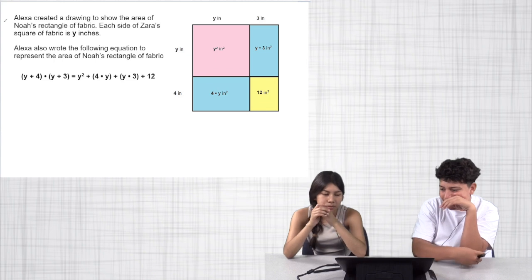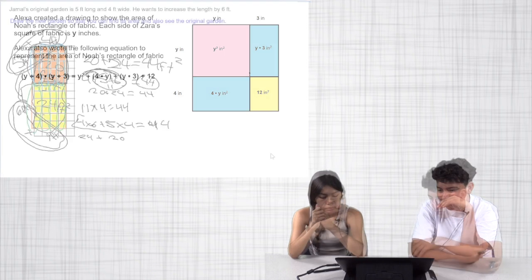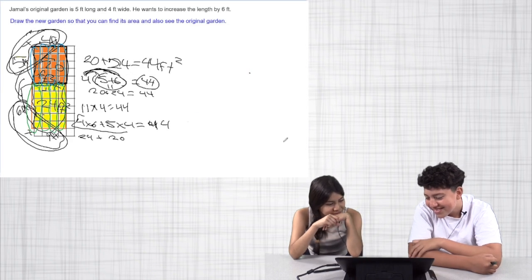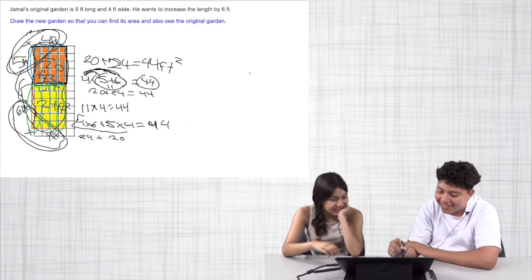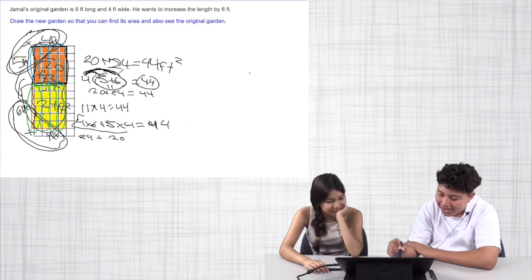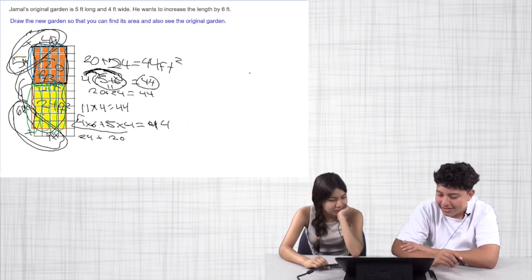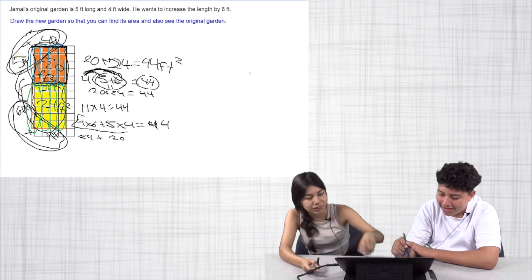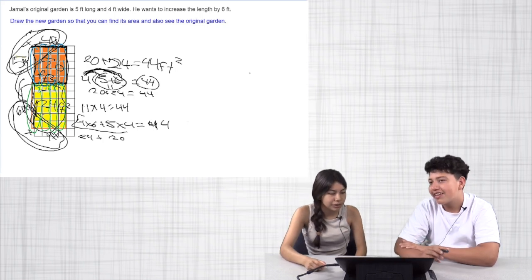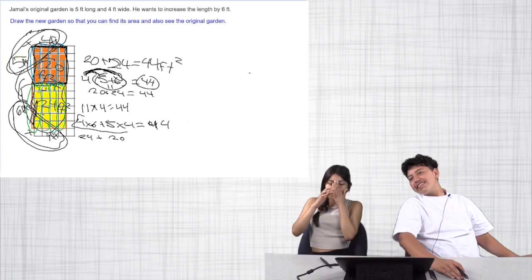Let me see if I can find one real quick. Does that look familiar? Yeah. Did you distribute 4 times 5 and then 4 times 6? Oh, it was like the width times the length. Oh, I think we could do it. Let's take a look.